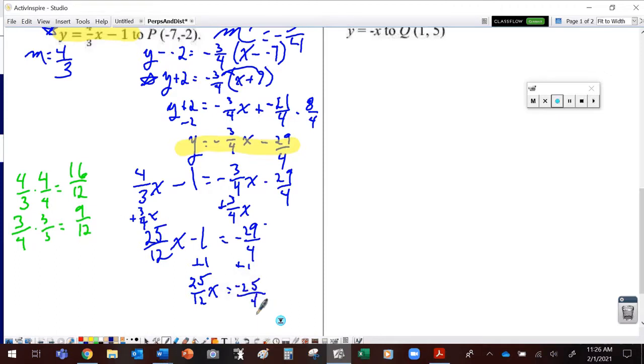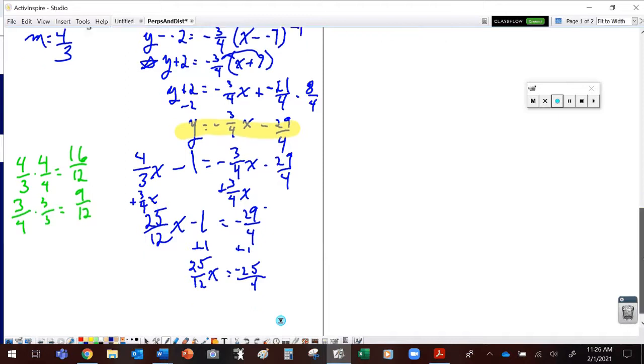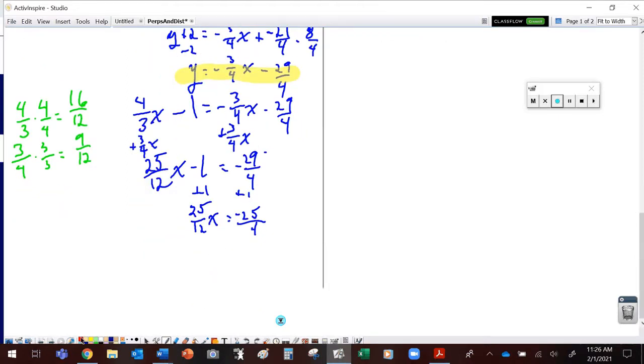Now I want to get that x all the way by itself, so I'm going to multiply both sides by the reciprocal, 12/25. On the left side, easy, those cancel. x is all by itself. On the right side, the negative 25s are going to cancel, and I'll have negative 12/4, which is just negative 3.